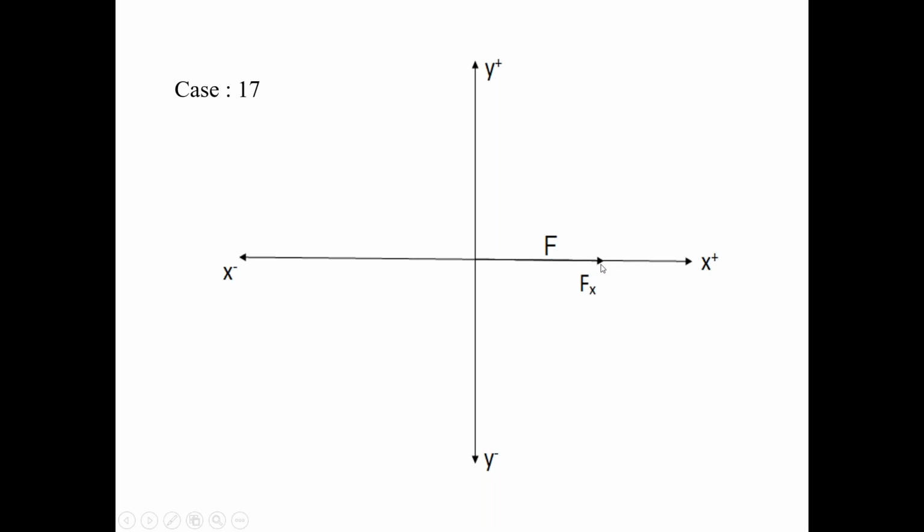Since the direction of force F is towards the positive x-axis, the projection Fx is a positive projection. So, if the force F is acting along the x-axis, the projection Fx is equal to force F.